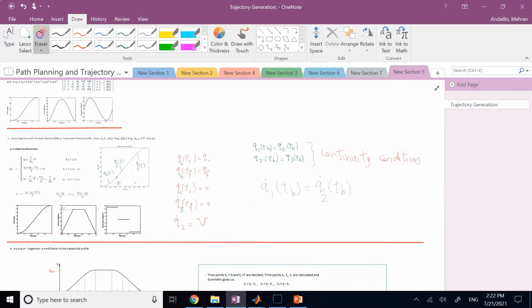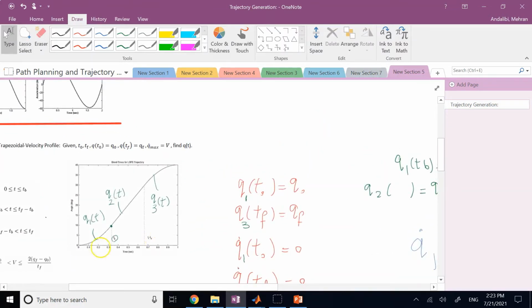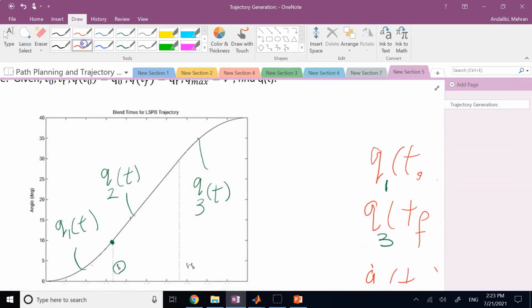by the way, one correction here. The correction is the next time point that the blending is happening here, this point. This is not t blend, this is t final minus t blend, because the whole thing is symmetric.